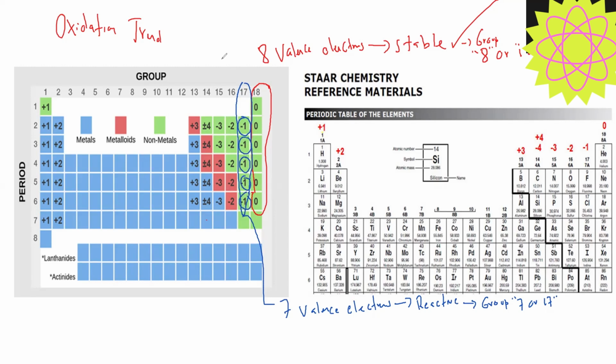Okay, really well. The same, for example, in this case, we find oxygen. Look, oxygen. How many valence electrons does oxygen have? 6, because it's in the group number 6. I hope you're taking notes. 6 valence electrons. Are they stable or reactive?